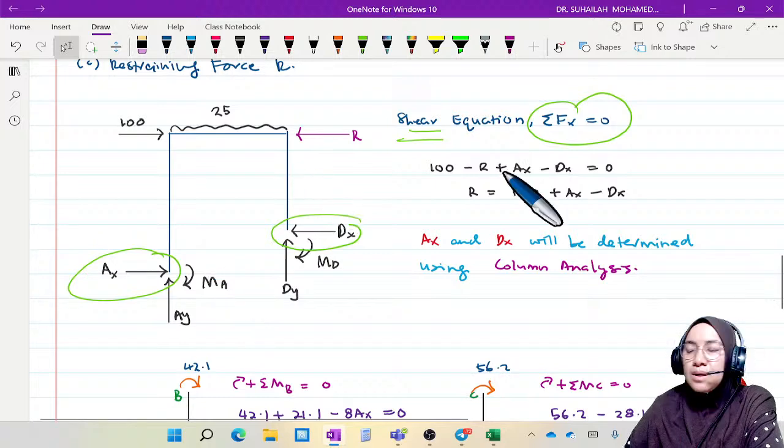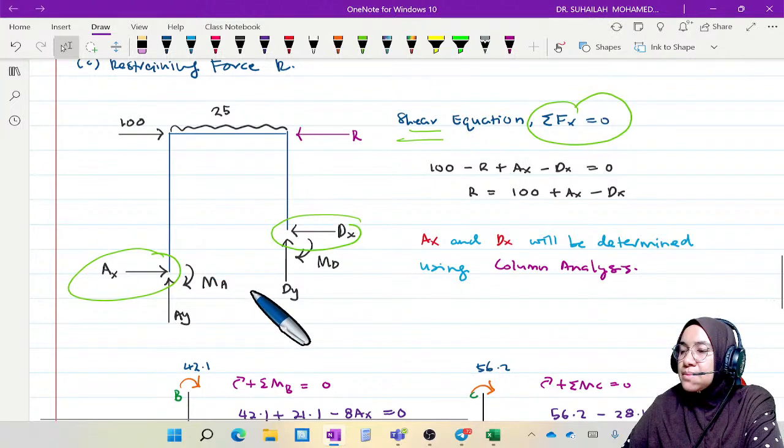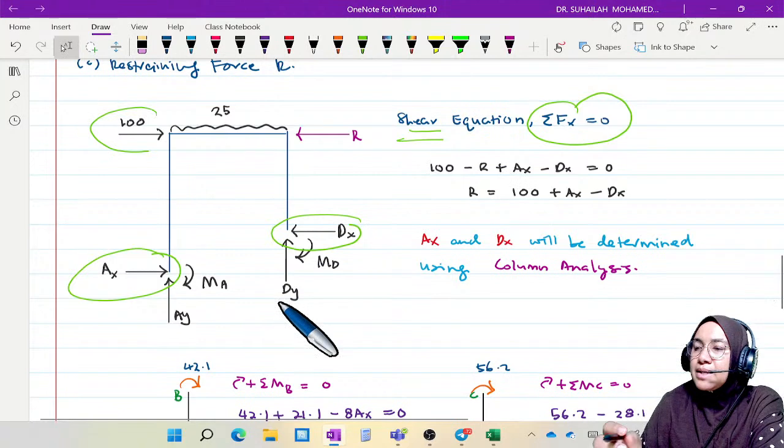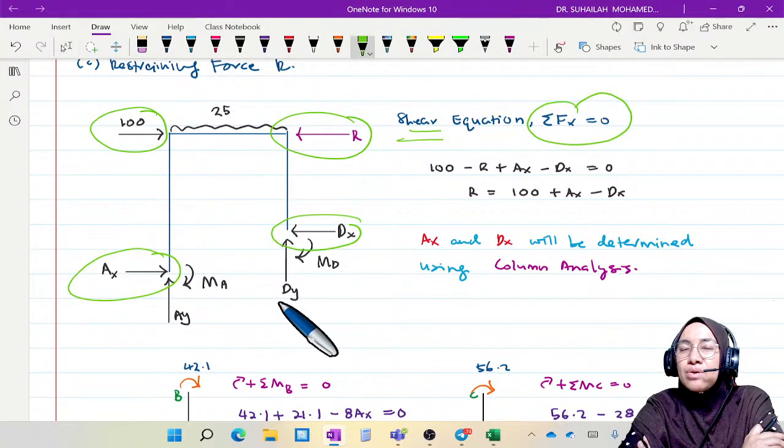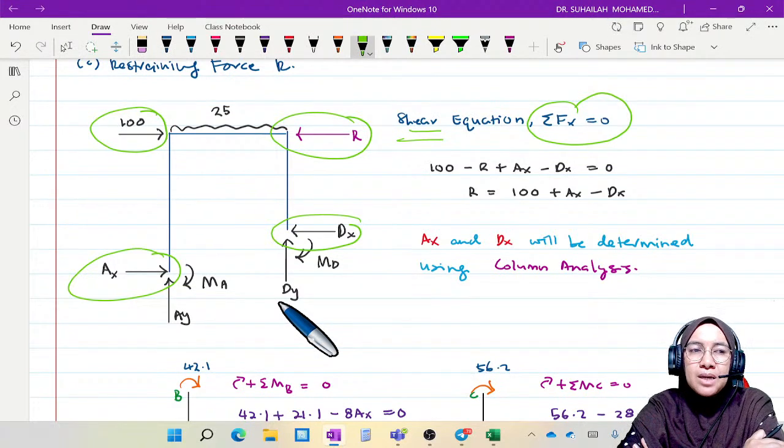So we write the equation by considering all horizontal reactions and horizontal forces in the diagram, because shear relates to the column. The column is vertical and delta is horizontal, so we want the horizontal direction, and it is shear.